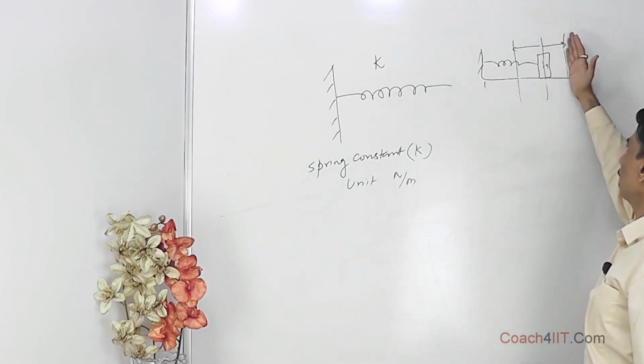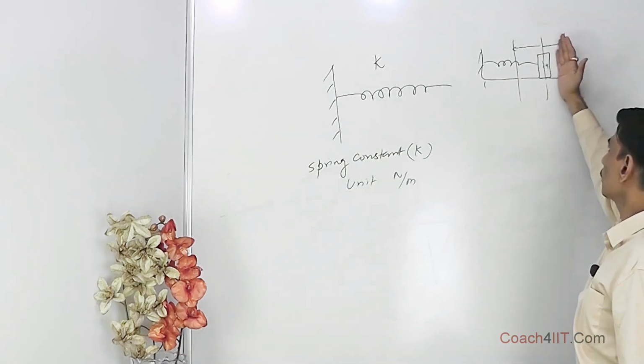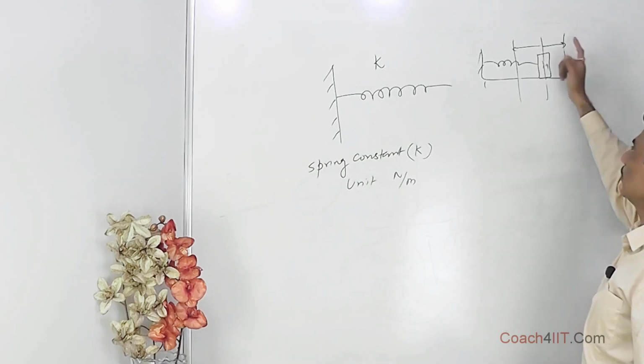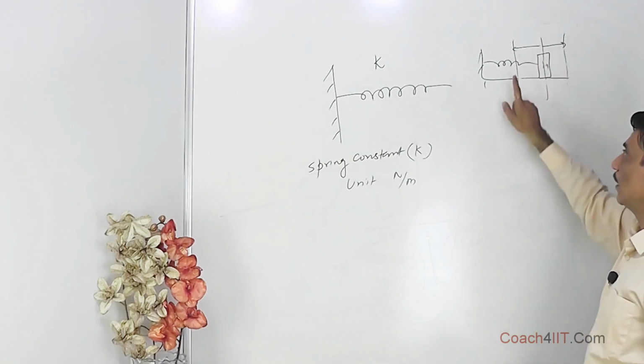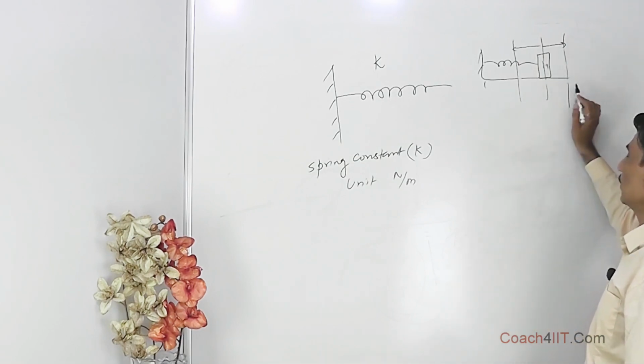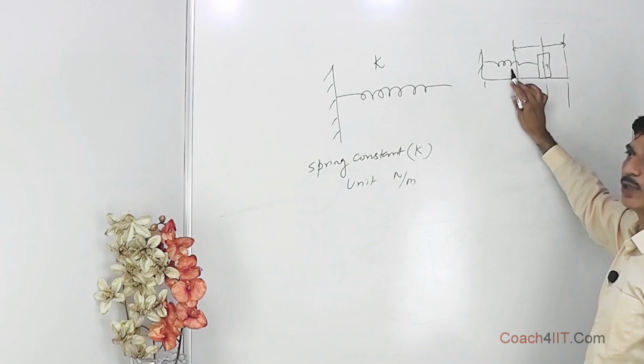When this block is going from here to here, when it is totally stretched, all the energy is with this spring in the form of elastic potential energy. When it is over here, all the energy is with this as the elastic potential energy.